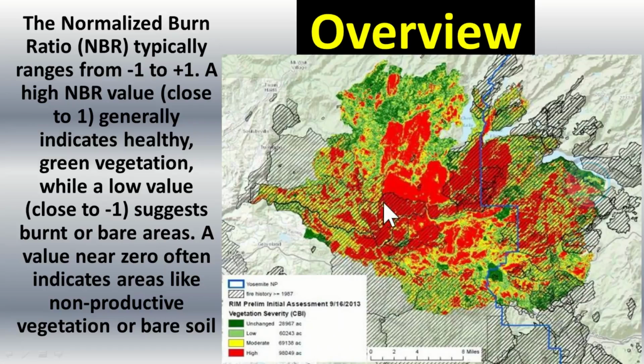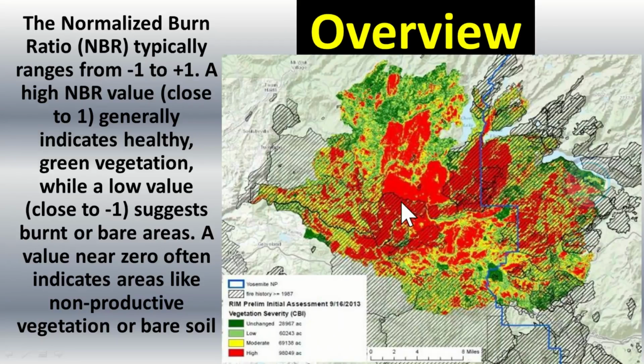For instance, this is a typical example of a map depicting the normalized burn ratio. The areas that are in green are considered to be untouched. Such areas were not touched during the fire incidents. However, the areas indicated as red are highly burnt areas.